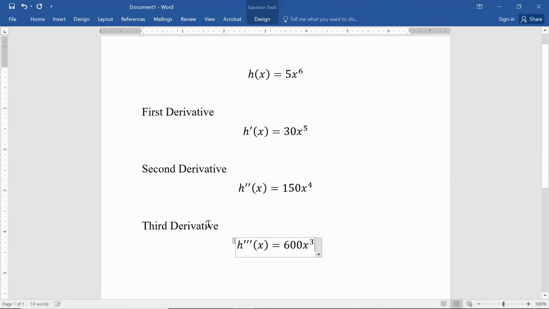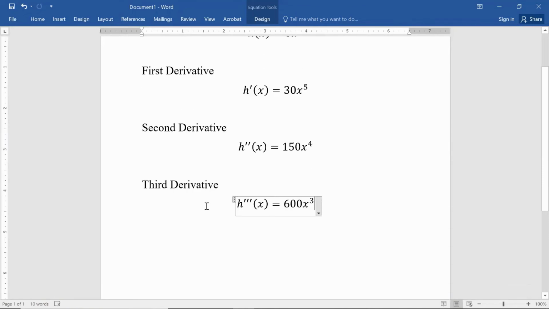If you want to do a fourth derivative, instead of putting all of those prime marks in the exponent, you just write in parentheses a 4. You could technically write all those primes if you'd like.